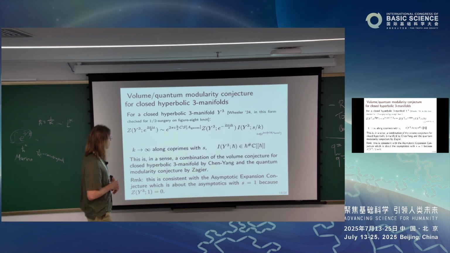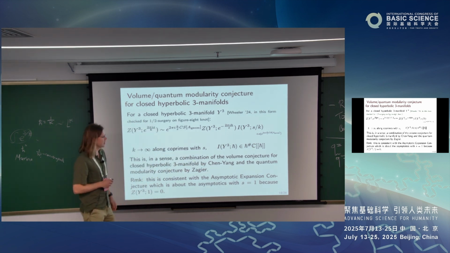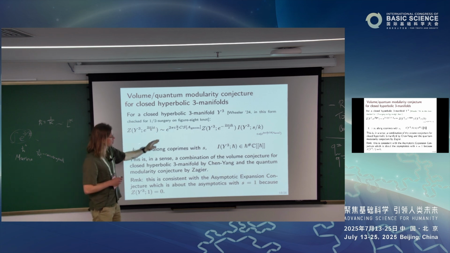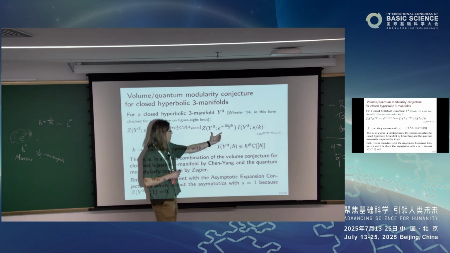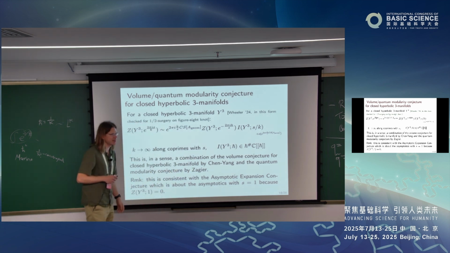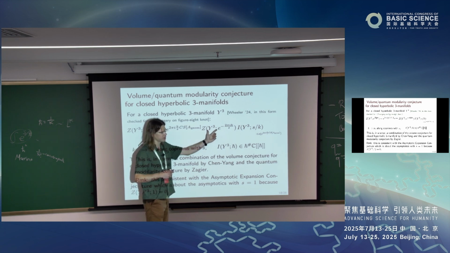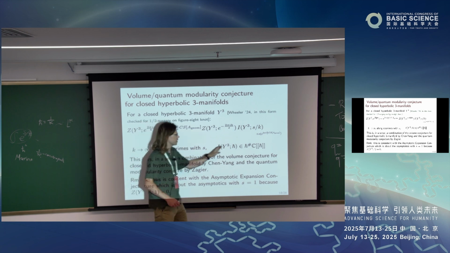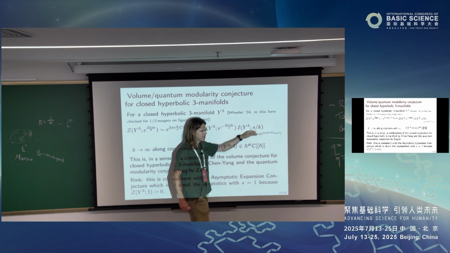No. One needs to take s not equal to 1 to see non-hyperbolic. Yes, s equals 2 is Chen Yang. Yes, at s equals 2 you can already see the volume, because this factor is something simple. It's like the WT invariant at -1, which is some very simple number. Yes, this is non-zero. When s equals 1, this is 0, and so this goes away, and you see non-hyperbolic. So these are other flat connections.